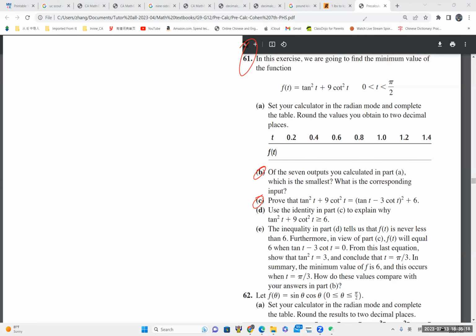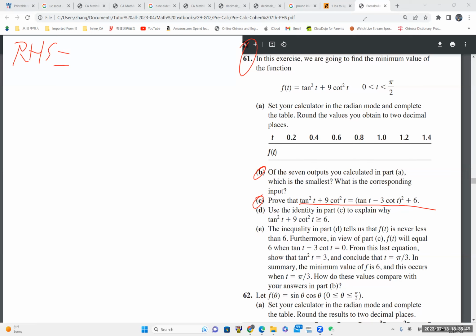Prove this equal to this. Think about how to prove this. Do you want to start from the left side and get to the right side, or start from the right side to get to the left side? Yeah, for me, I would like to start from the right side.